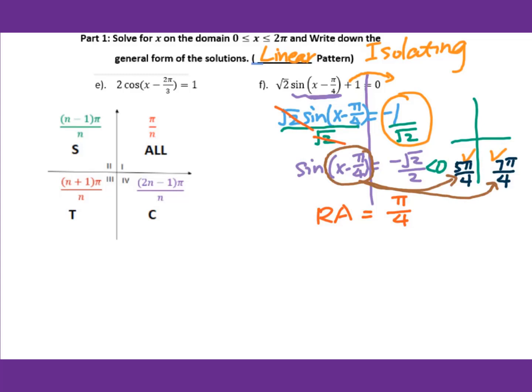So when you write down which angle equals 5 pi over 4 and 7 pi over 4, always check the angle for that trig function. Therefore, we got x minus pi over 4 equals 5 pi over 4, and also x minus pi over 4 equals 7 pi over 4.